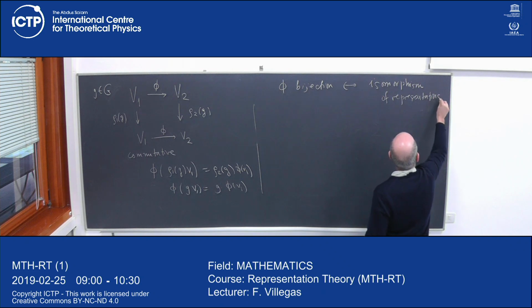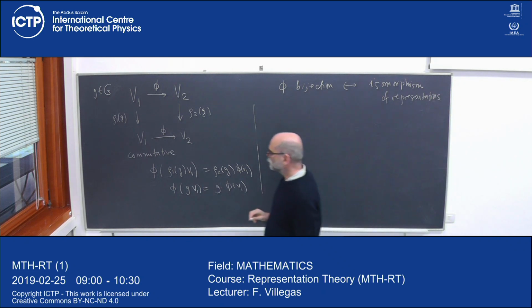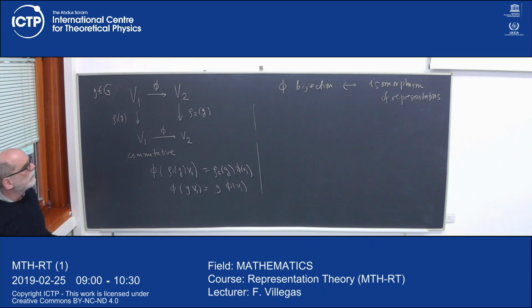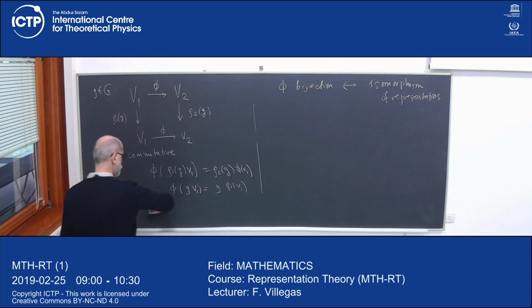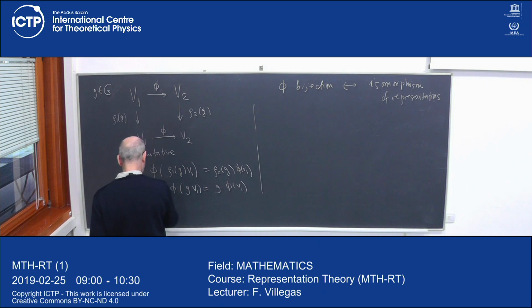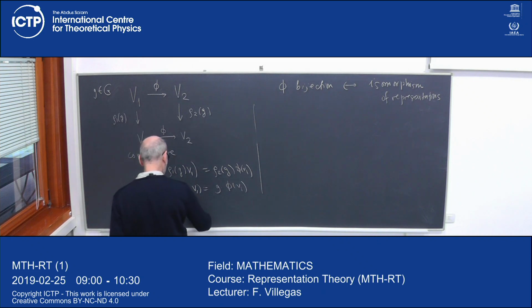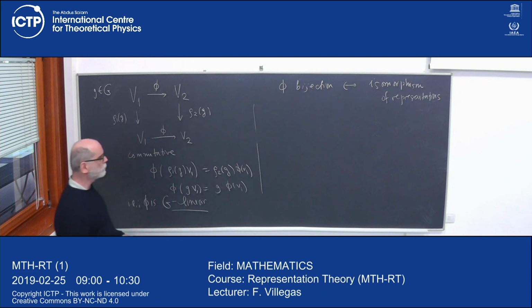And most of what we want to do is study representations up to isomorphism. So let me just say that here, let's say that phi is G linear. This is the terminology that we might use.